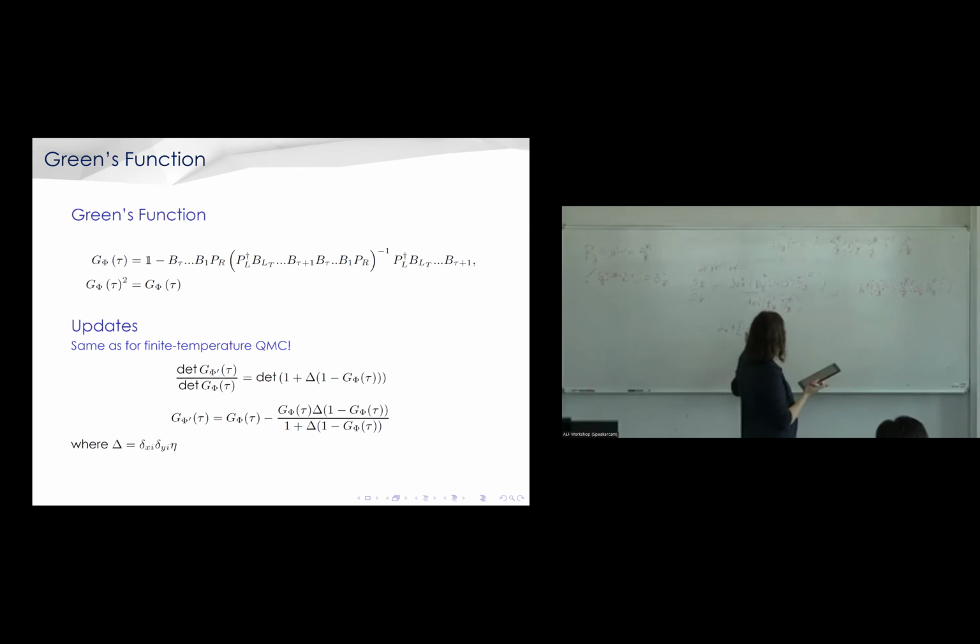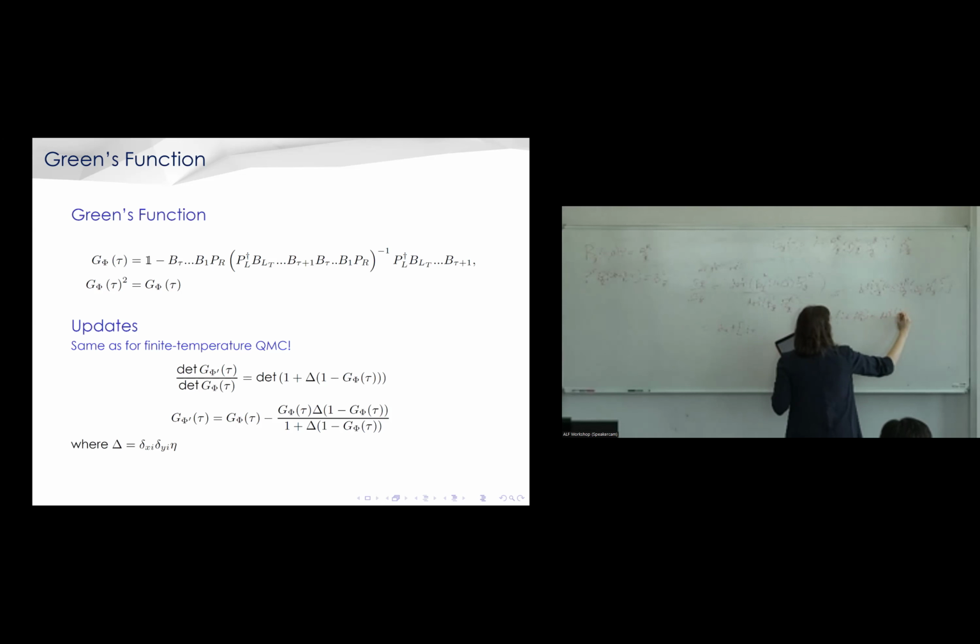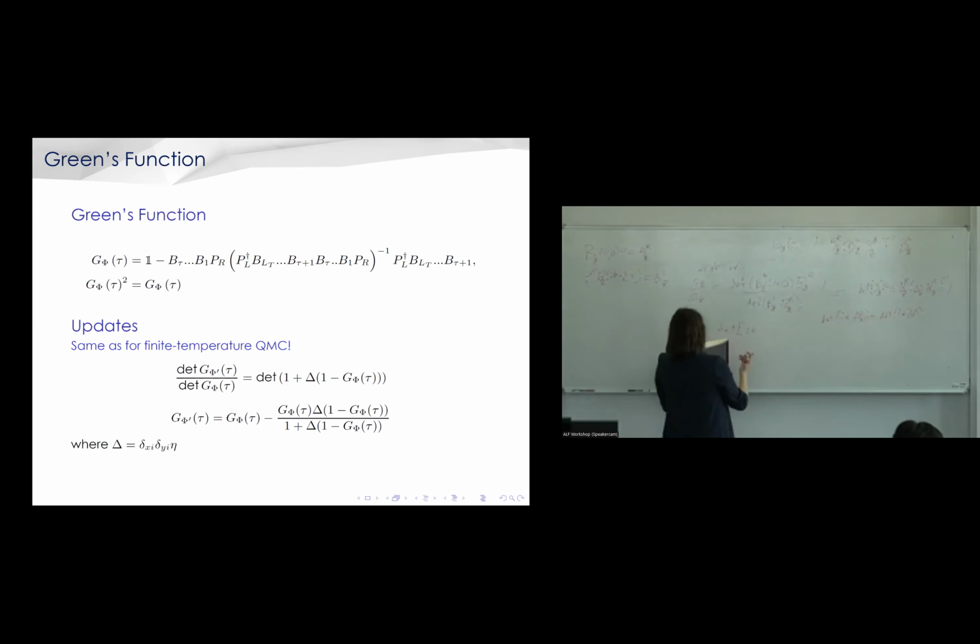But when you have 1 plus AB, even for rectangular matrices, you can say that's equal to the determinant of 1 plus BA. So using that identity, we can write this as 1 plus delta BR phi times our BL times our BR phi again, inverse, BL phi.